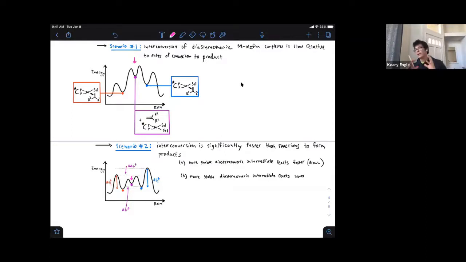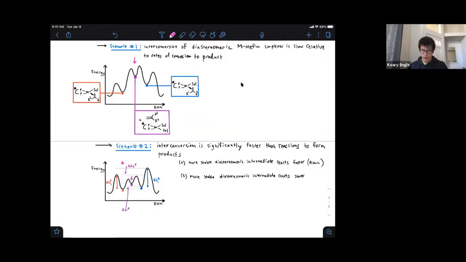And so then the ee of the reaction is a function of what I've highlighted here, delta delta G double dagger, the barriers between these two steps. And if you think about this, this not only reflects the activation barriers, but also the relative stabilities of the intermediates involved. So that's the key determining factor.